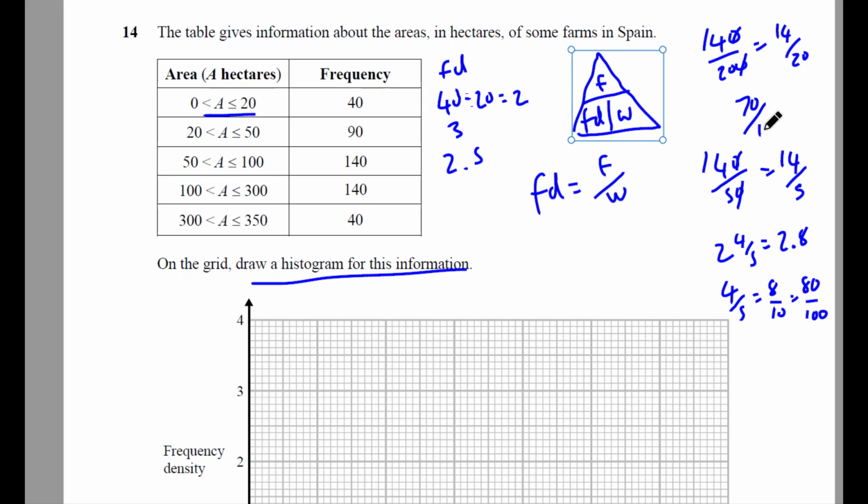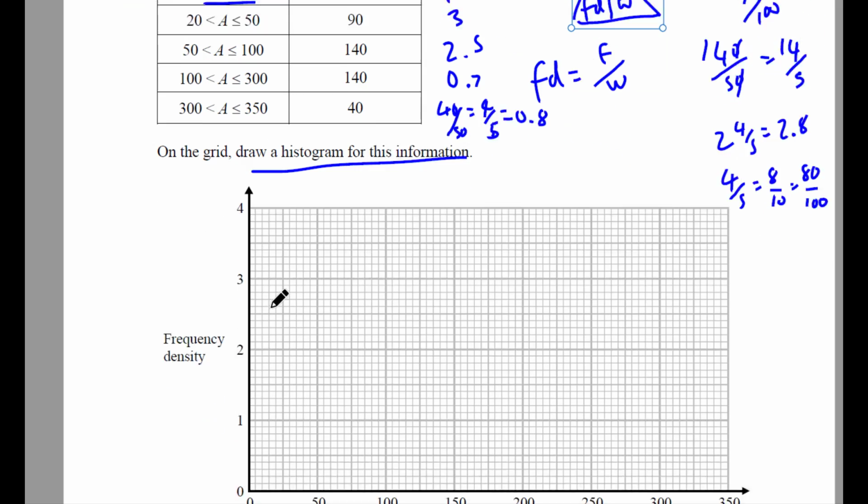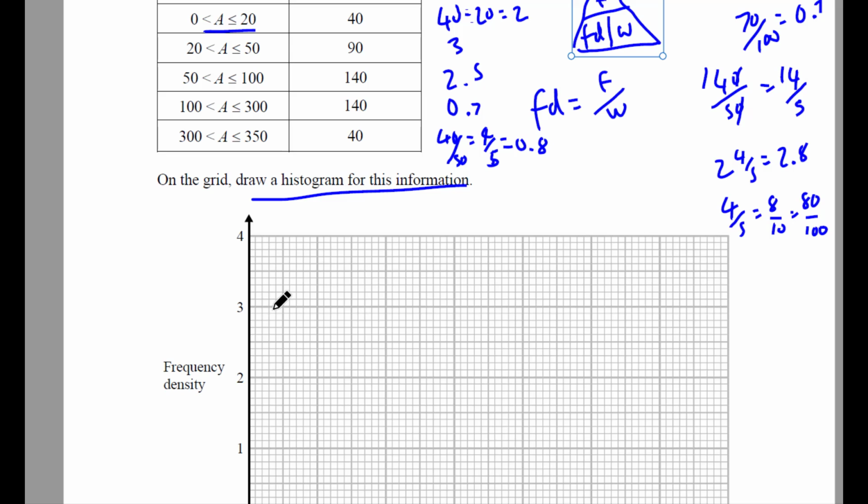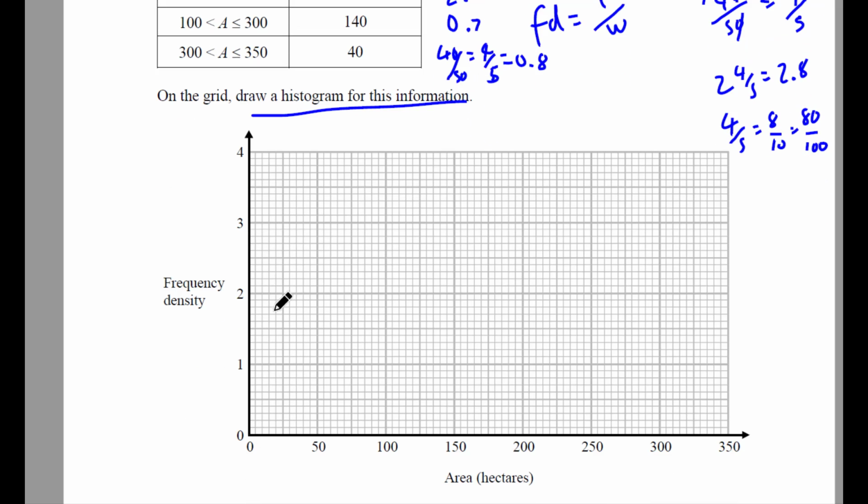That's going to be 70 over 100, because if we times that by 5, times that by 5, that's 0.7. And this one is 40 over 50, we know that's 4 over 5, so that is 0.8. So we just need to put those in. So 0 to 20 is 2.